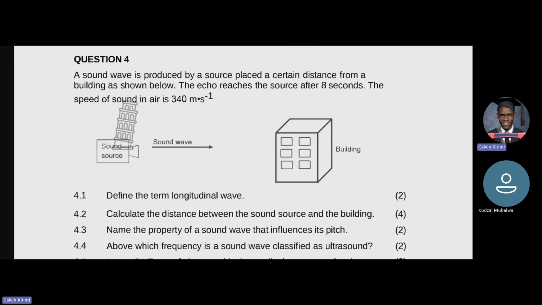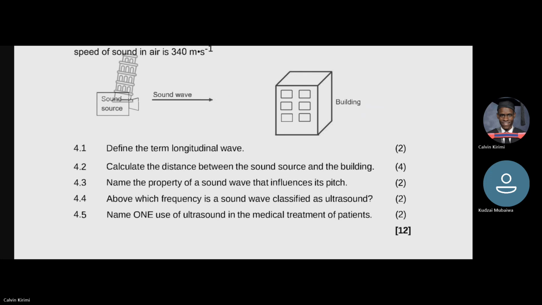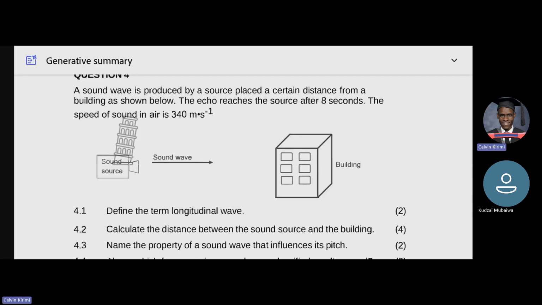Let's go to 4.1. They are saying a sound wave is produced by a source placed a certain distance from a building. So the sound source, and that is the distance from the building which is indicated.